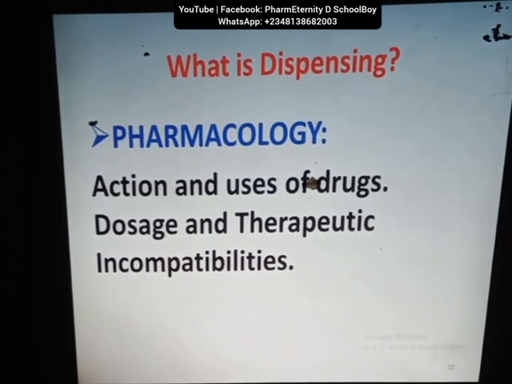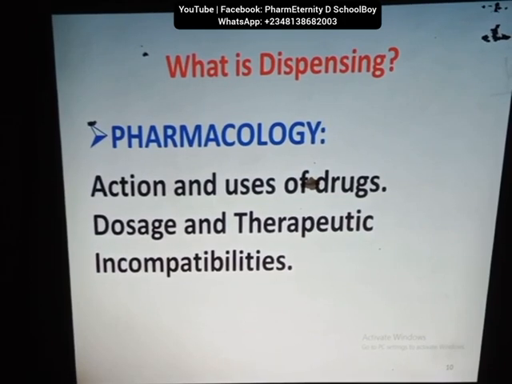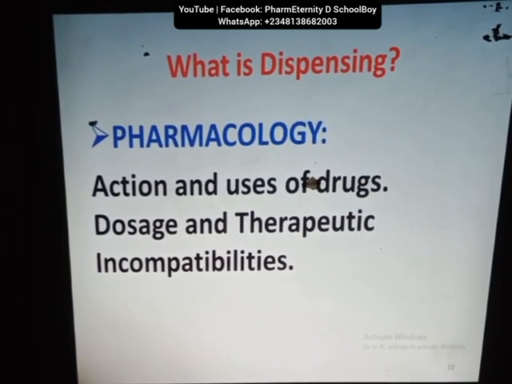You can never know the mechanism of action of a particular drug, what the drug treats, and its profile in the body, taken from the pharmacokinetic dimension, or even the pharmacodynamic dimension. So it's very important that pharmacy schools or pharmacy technician schools offer pharmacology as a course.